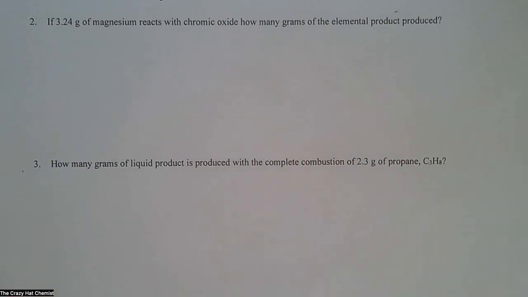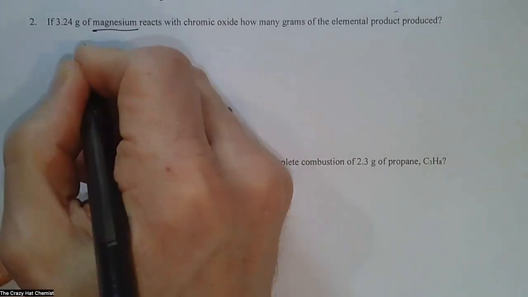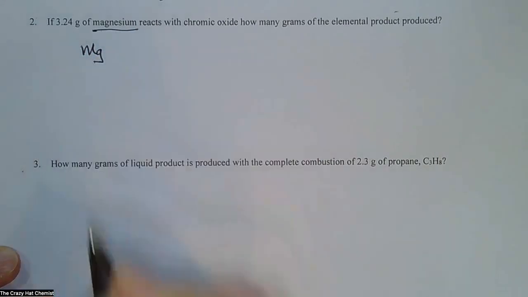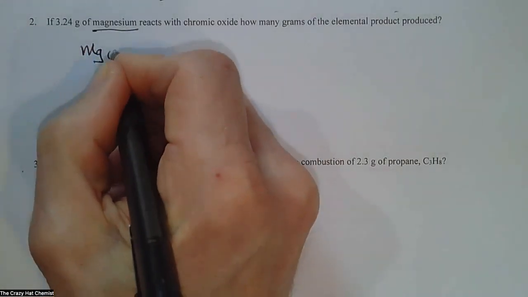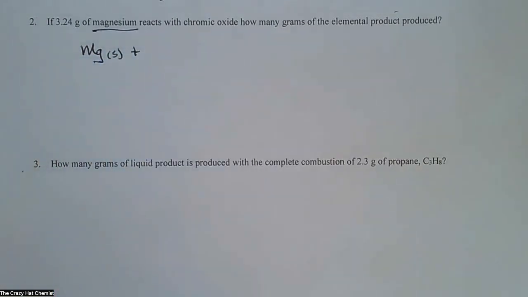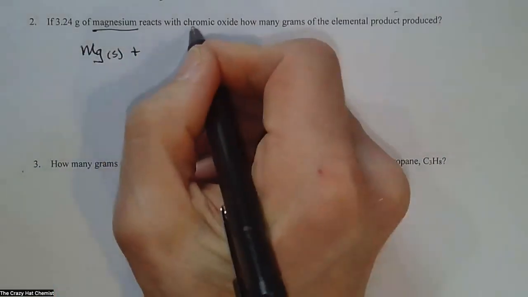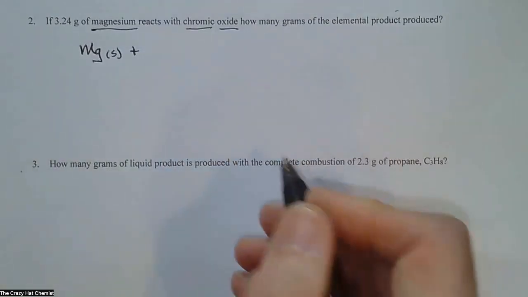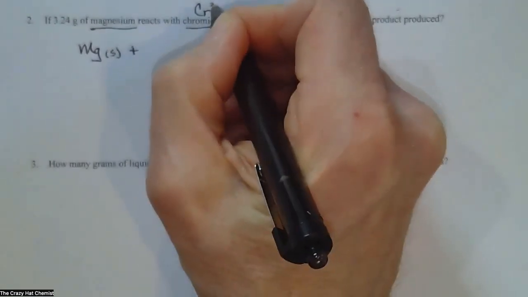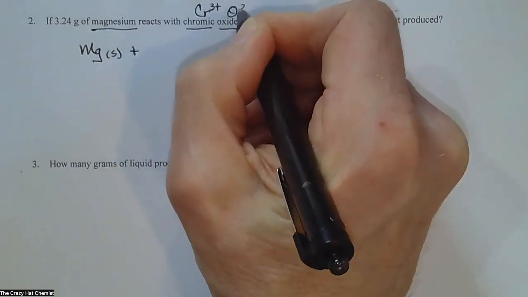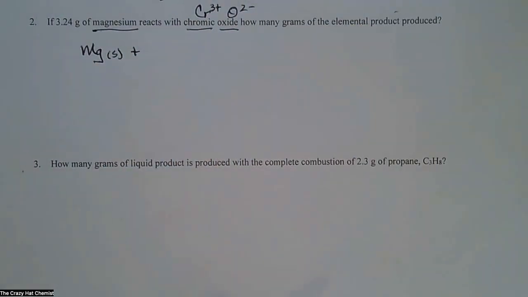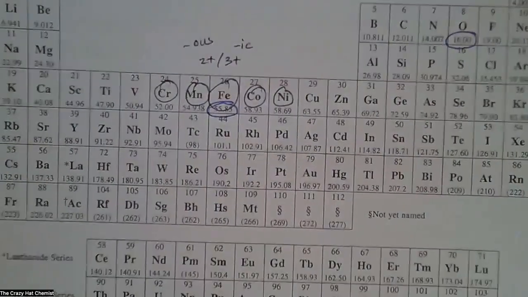Okay, so the first thing that we need to do, just like on the last problem, is write a balanced equation. So we have magnesium, and that is Mg, and that is an element in its standard state, which is a metal, so that would be a solid, plus, and then we have chromic oxide. Chromic is Cr3+, oxide is 2-. These are both periodic trend charges. And I'll just pull out that periodic table that I had before.